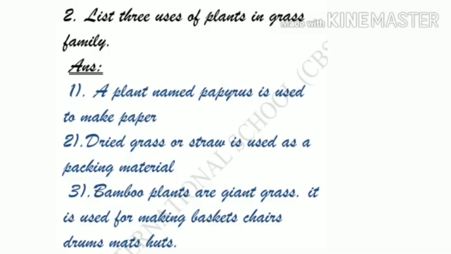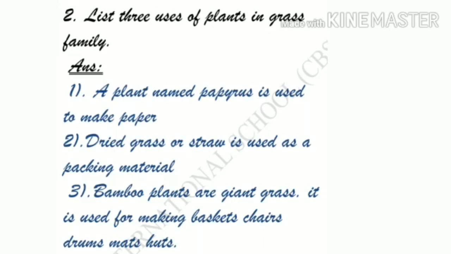Question 2. List 3 uses of plants in grass family. Answer. A plant named papyrus is used to make paper. 2.